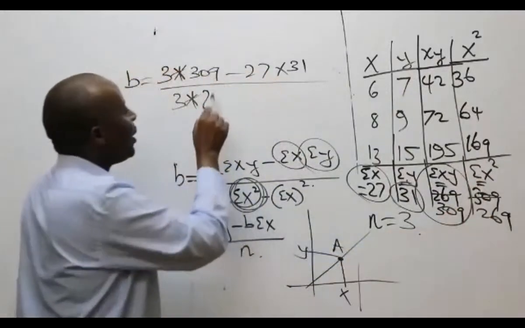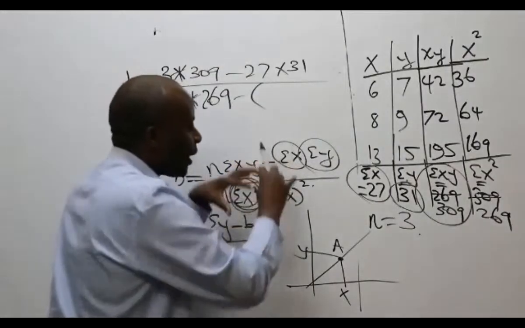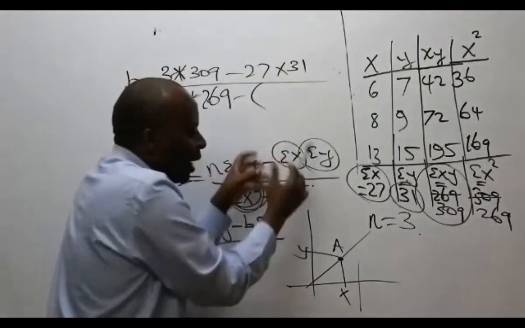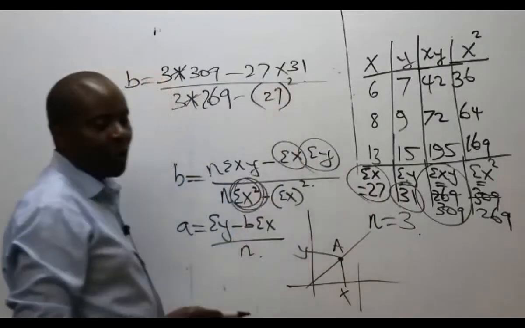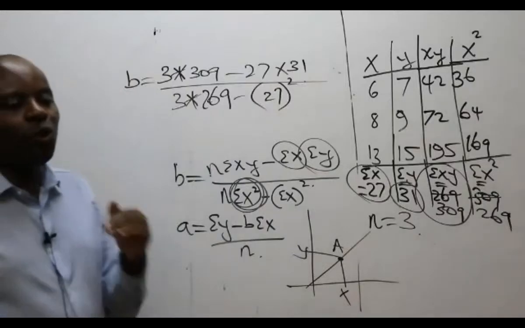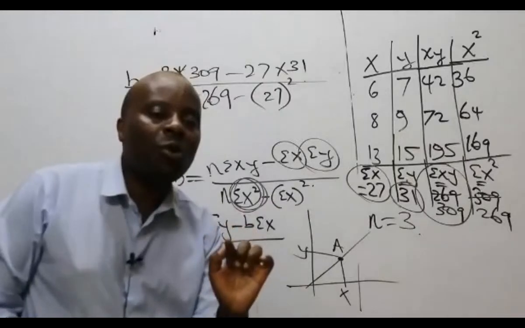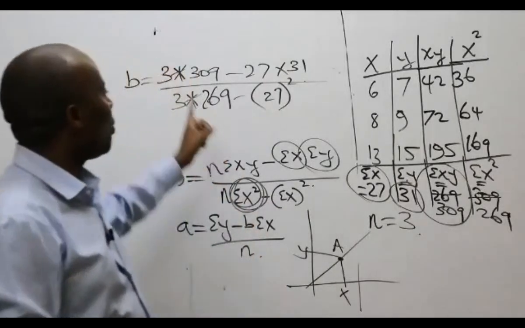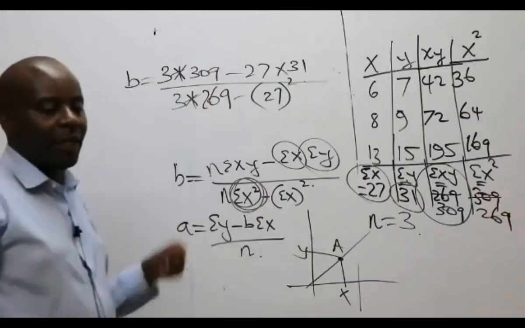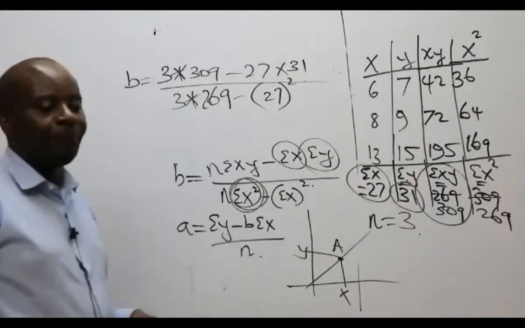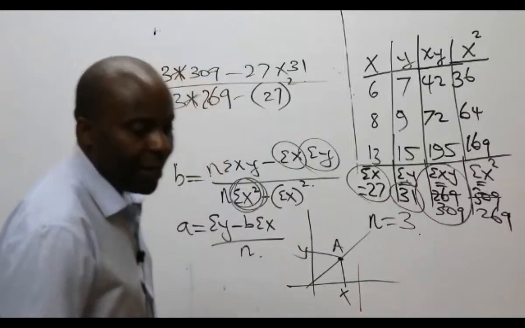So it is 269 minus, in brackets, the summation of x, which is 27, and then outside the bracket, we square. So could you kindly do me a big favor? Using your calculator, give me the value of the numerator. According to Fatma Mohammed, anasema 90.